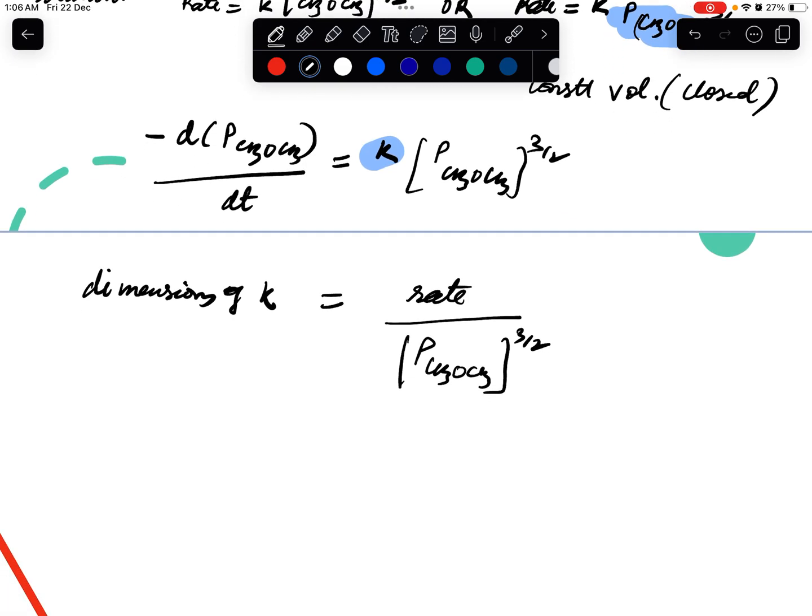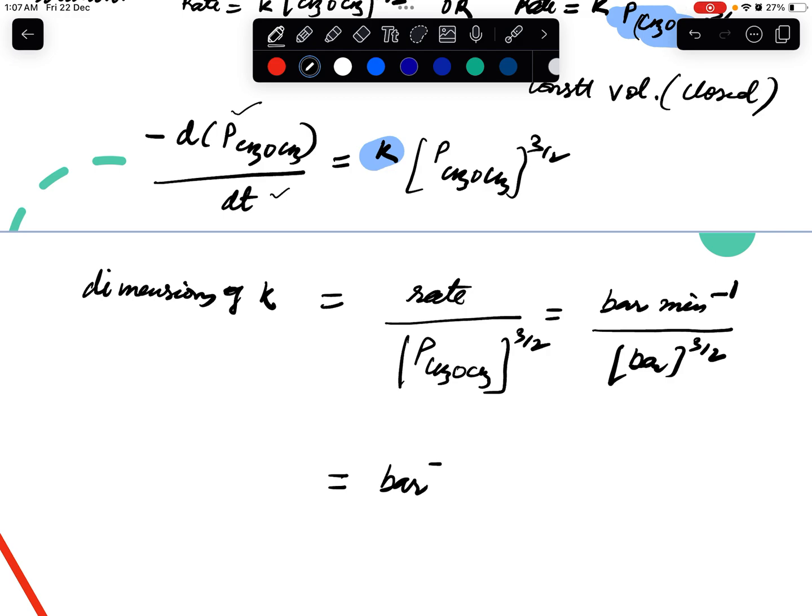Rate is in bar per minute, since partial pressure is in bar and time is in minutes, divided by bar to the power 3/2. After simplification we get bar to the power minus half per minute. So the dimension of k is this.